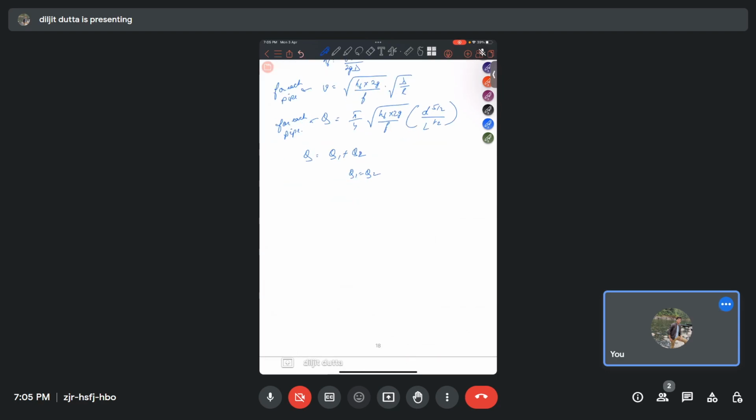So in that case, the total discharge equals 2 into 5/4 into hf into 2g/f.